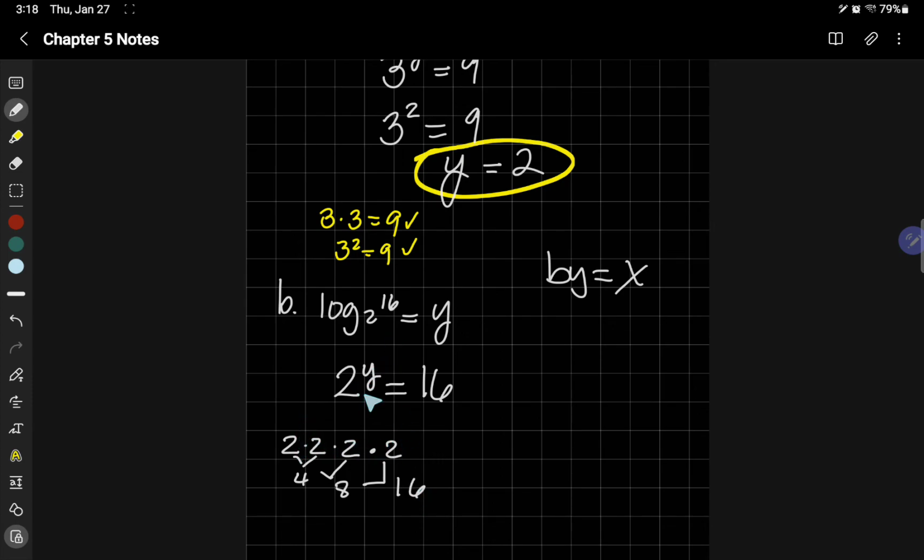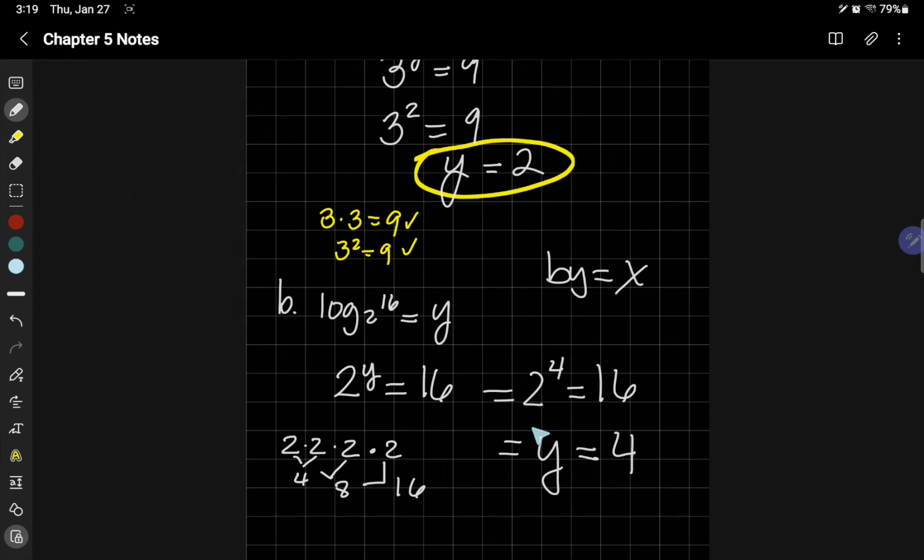So our y is going to be 4, so it's going to be 2 to the power of 4 equals 16. So that means y equals 4. And that's our answer.